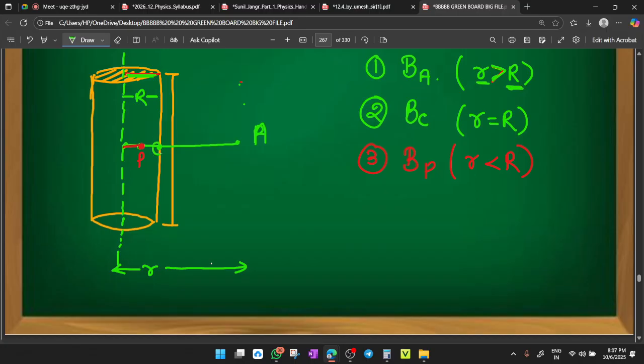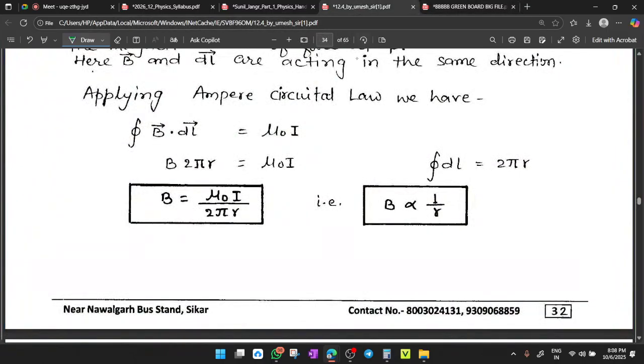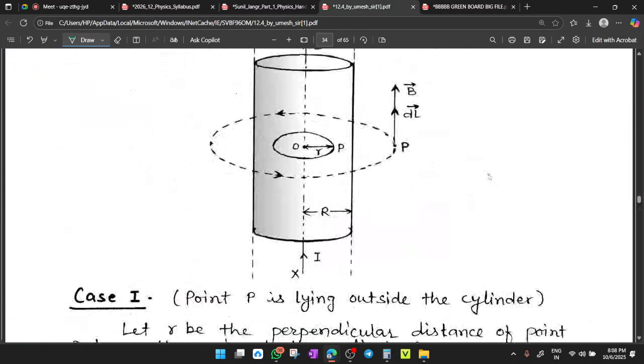Second case, your point is lying on the surface of the cylinder, this is your point C, so the distance of the point is equal to the radius of the cylinder. And if your point is lying somewhere inside the cylinder, then the distance is less than capital R. Understood? So we have to derive the three cases. Three cases are very important. So let us derive the three cases.